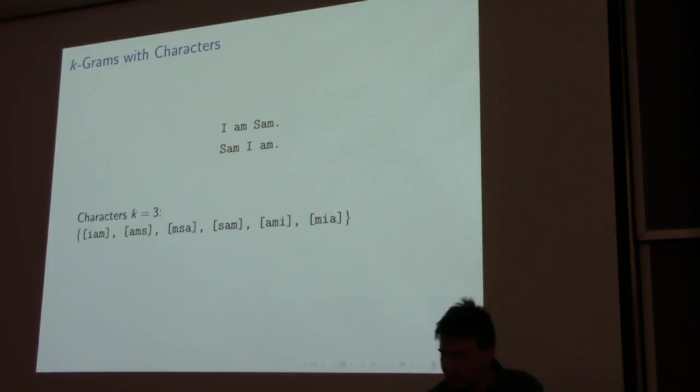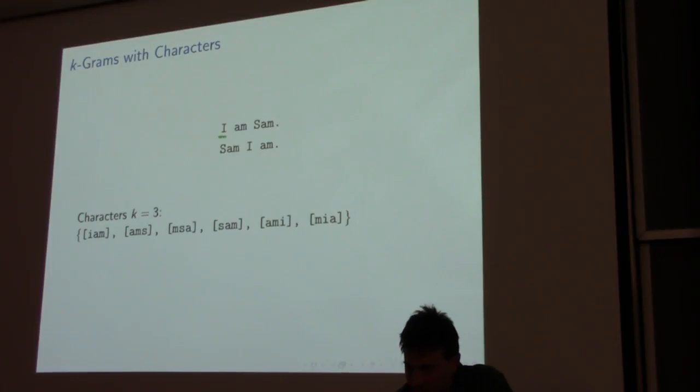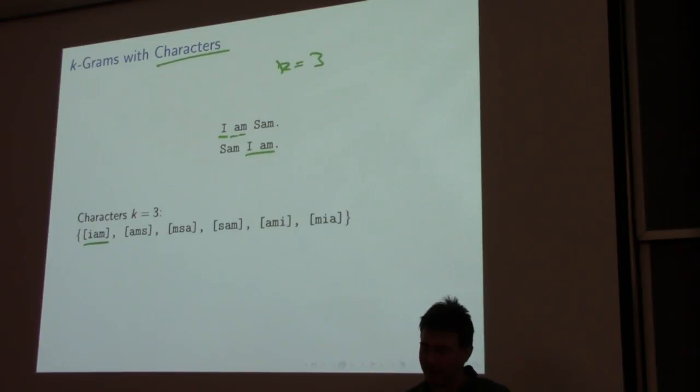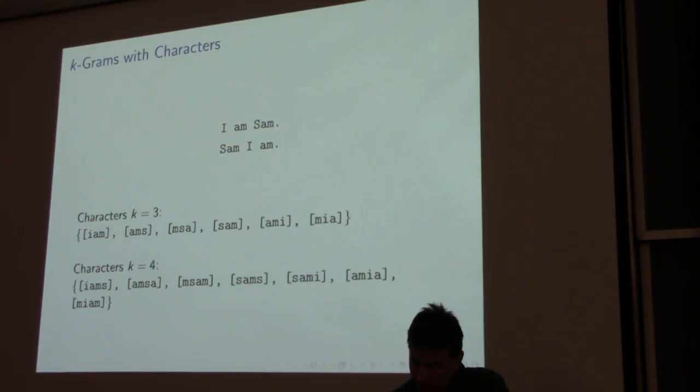This is with k equals 3 and characters here. So I have I, A, M, and that goes in the first set here. And you'll see that this I, A, M appears again here, but I only count it once. And here's the answer with 4 characters. I get something slightly different.